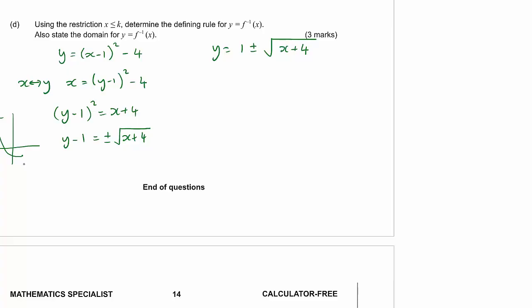Well, yes it is, because we're wanting to return values in this direction. So we're going to have the inverse function as 1 take away the square root of x plus 4. And the domain for this function would be the same as the range for the original function, which we know was from negative 4 upwards. So x is greater than or equal to negative 4.